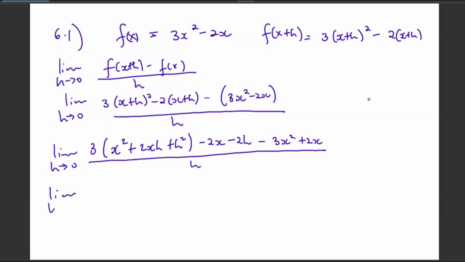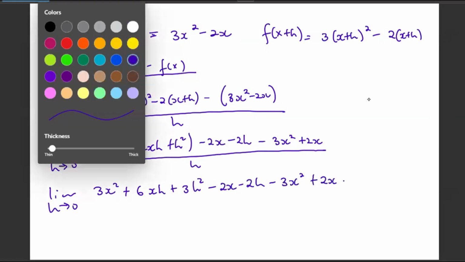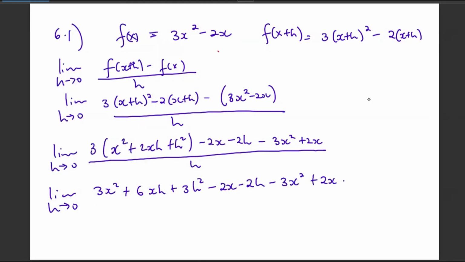Then limit as h tends to 0, we open up again, so 3x squared, 6xh, 3h squared, minus 2x minus 2h minus 3x squared plus a 2x. Remember with first principles, the original will always cancel out. This cancels this because the signs are opposite. This cancels that, the signs are opposite.